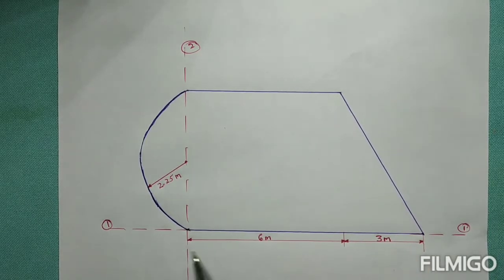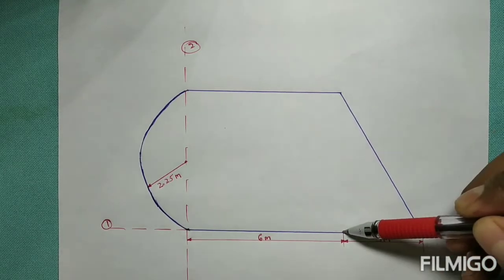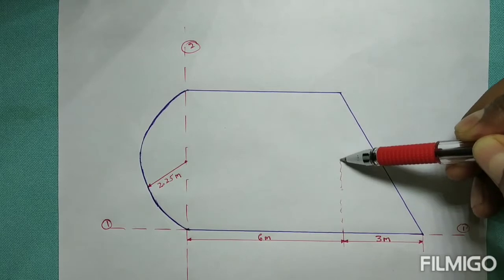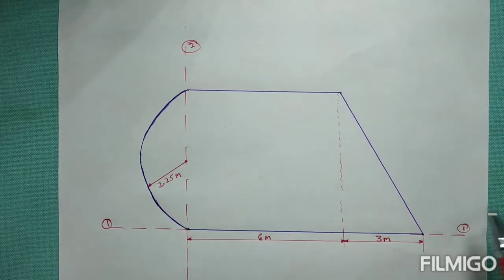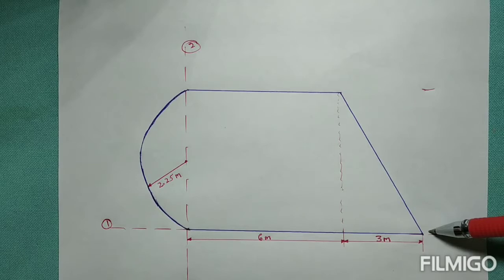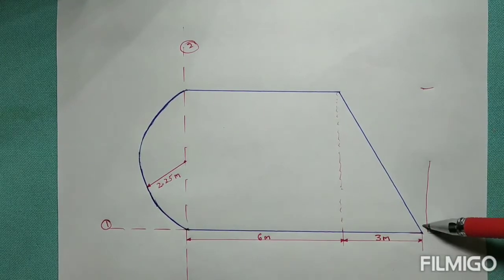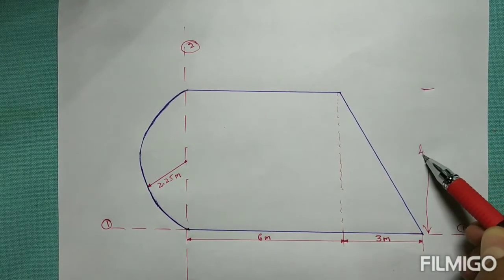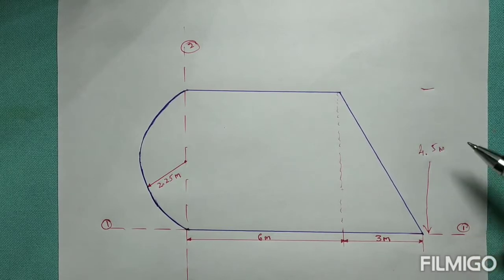Next we see the dimensions. For the semicircle, the radius is given, that is 2.25 meter. Coming to the rectangular part, the width will be 6 meter, and the height will be 4.5 meter.